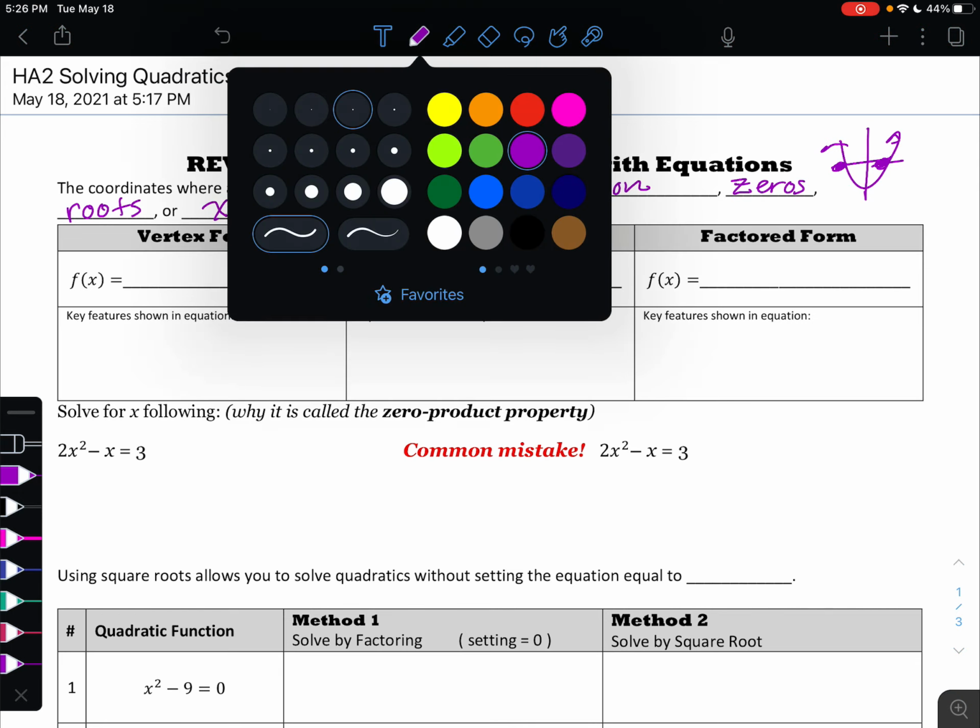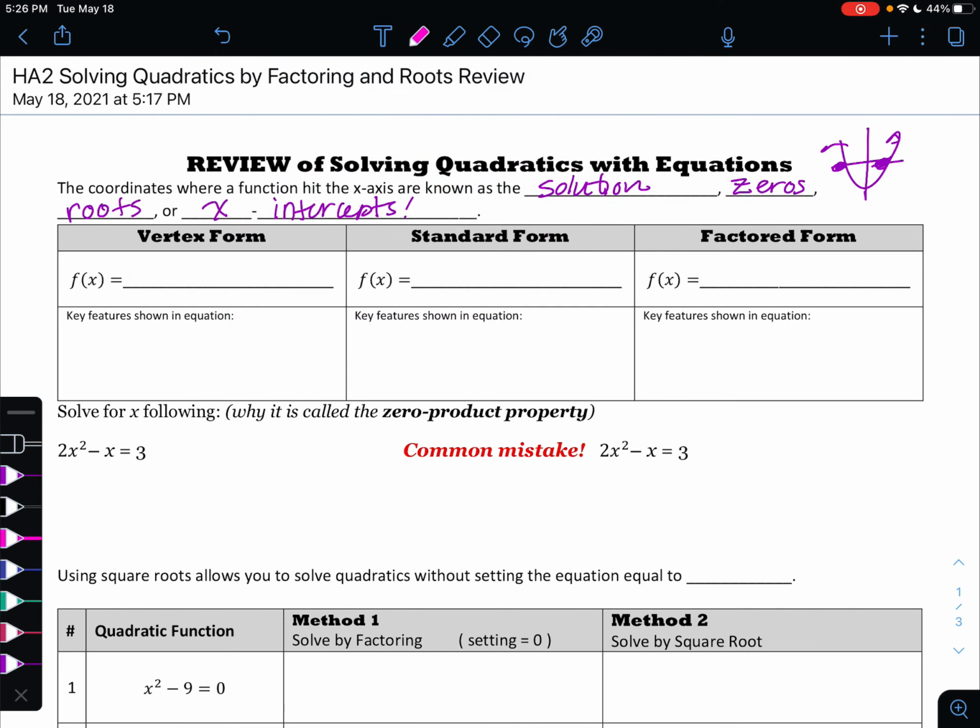Then we've got all these different forms we've talked about. One of them is vertex form. So we said a(x minus h)² plus k. What can we see from here? Well, in all of them, the a tells us if it opens up or down.